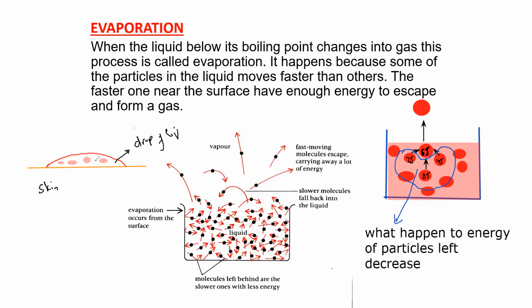Now what happens? These particles gain energy, but from where can they gain energy? These particles take energy from the skin. When they gain energy from the skin, the particles go out into the atmosphere; the substance changes state from liquid to gas.